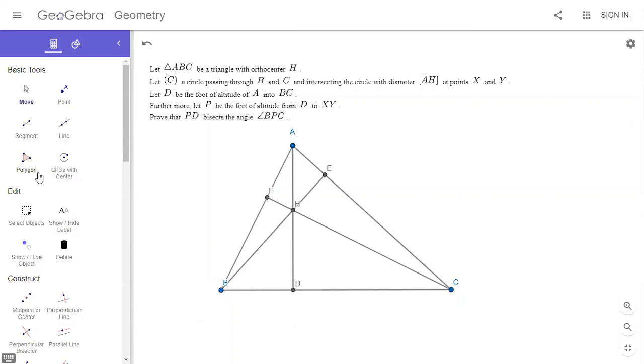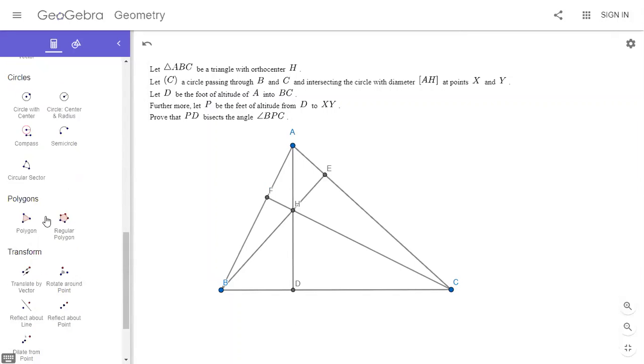Okay, C is a circle through B and C. So we have the circle with diameter AH.